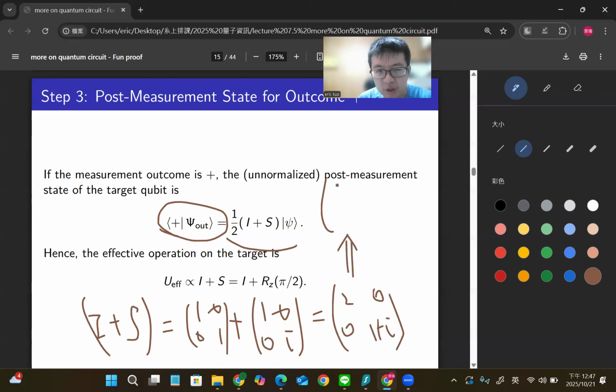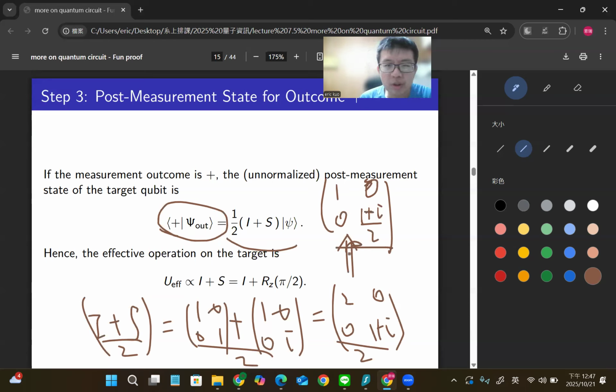So I got 1, 0, 0, half of 1 plus i. So I divide by 2. So this is the state. Okay, so we can just write it as 1, 0, 0, and then this is 1 plus i, right? So 1 plus i is square root of 2 exponential i pi divided by 4, divided by 2.